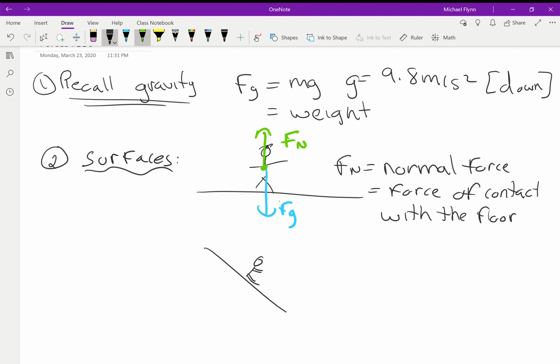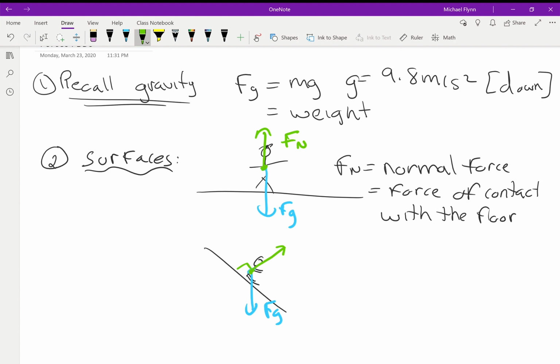Well, there are still two forces acting on him. One is gravity, and gravity is straight down regardless of the inclination of the hill. The normal force though, the hill doesn't push him straight up, it pushes him this way. I haven't drawn it very well, but it pushes him at right angles to the hill.